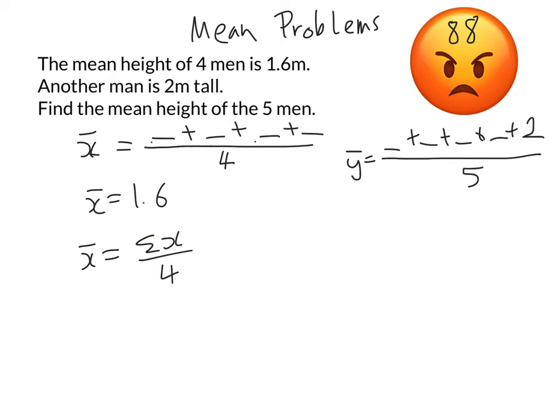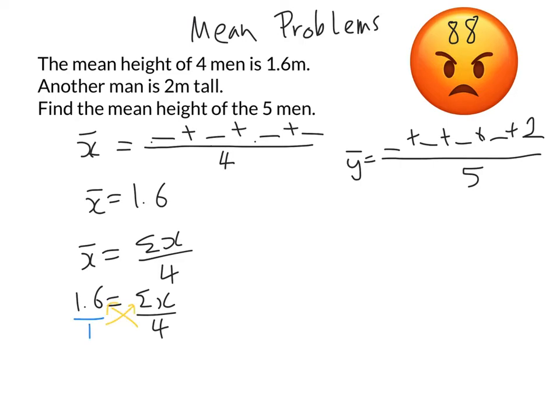So sigma x, if we rearrange it, first of all, 1.6 equals sigma x over 4, because remember, we're told x bar, the mean, is 1.6. If we can rearrange this, we can find sigma x. How can we rearrange and solve? Well, we can write that fraction equals another fraction, and then we can cross multiply.